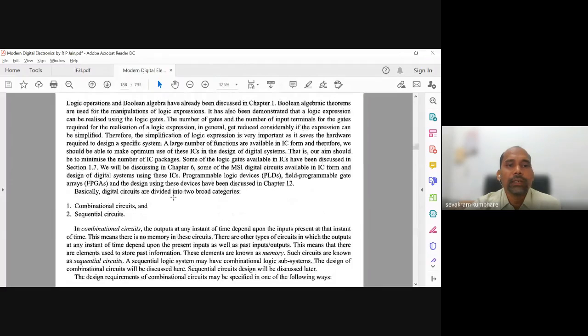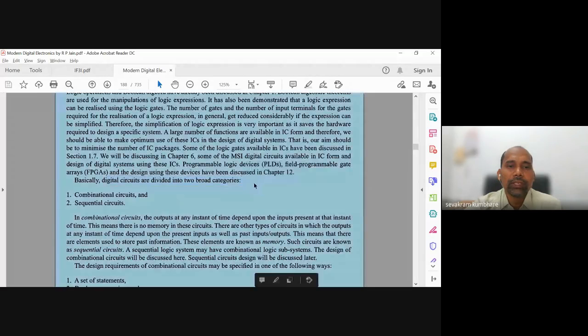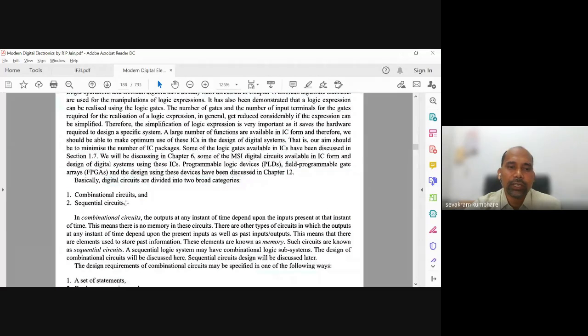So basically, logic or digital circuits are divided into two broad categories. One is combinational circuit and another is sequential circuit. Right now we are going to see combinational circuit. Later on we will see sequential circuit. Now the difference is, in a combinational circuit, output at any instant of time depends upon the input present at that instant of time.